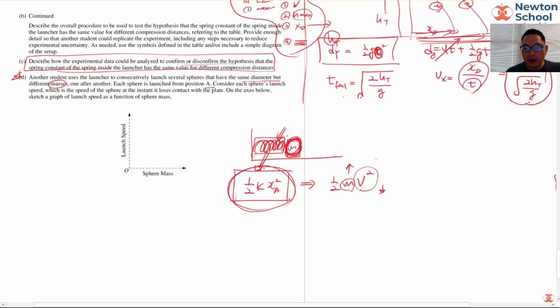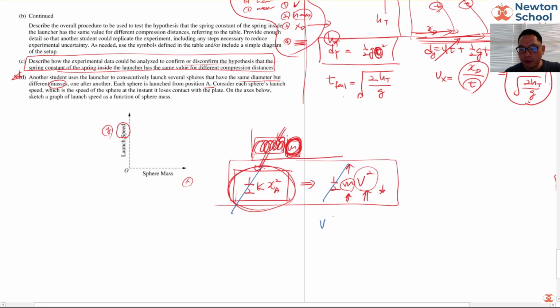And let's see how you can graph this, because you have launch speed on the y-axis, and on the x-axis you have mass, so you have to isolate velocity and you have to isolate mass, right? So you have to solve for velocity, I guess. So you can cancel 1/2, then you divide by mass and you take the square root.